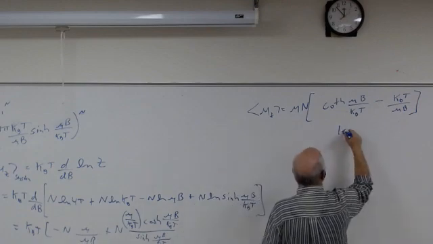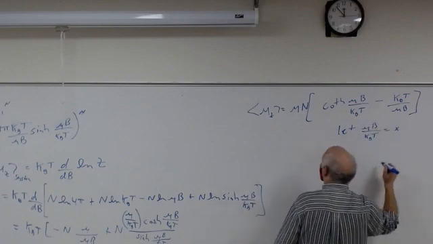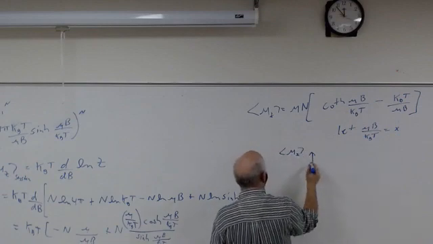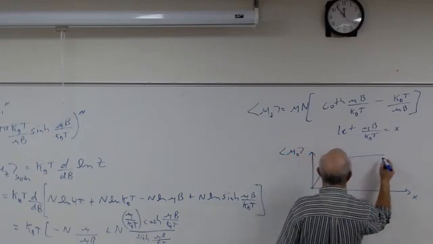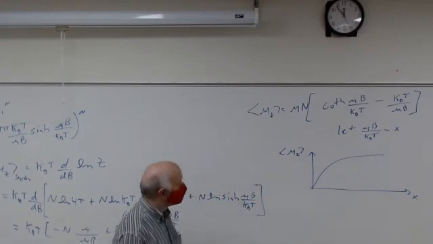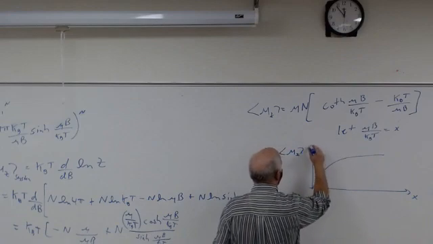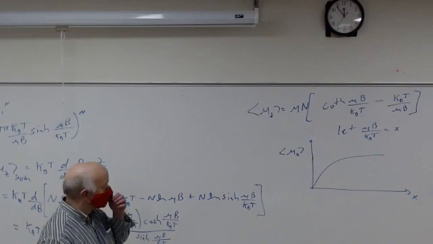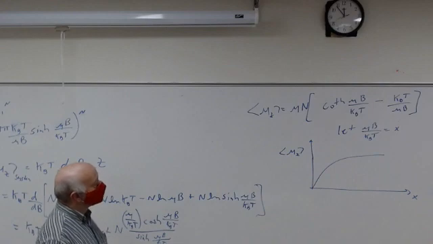So this right here, I can let x be mu B over kB T. If I plot this, this is x. You get a graph that looks like this. So where would be large T on this graph?